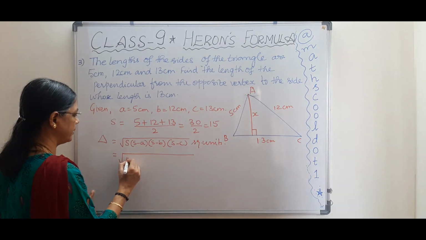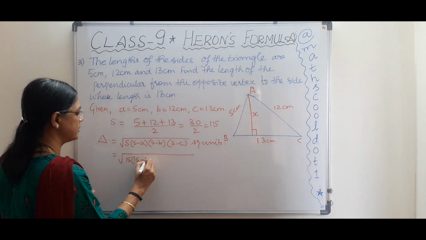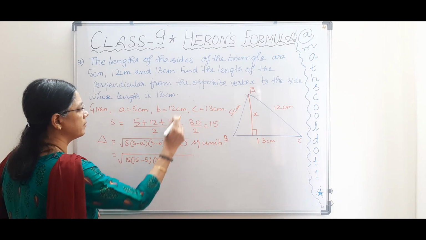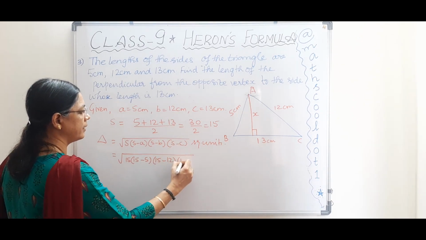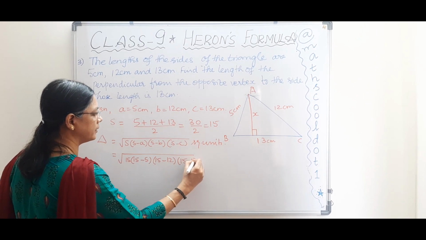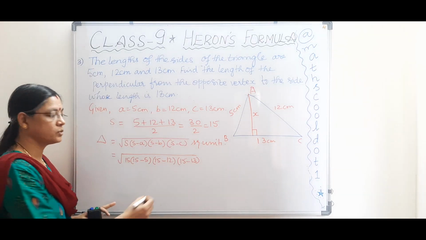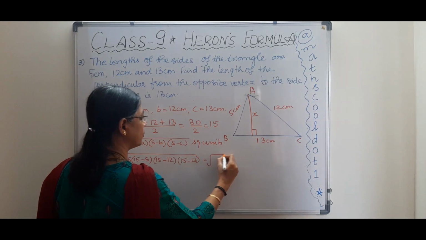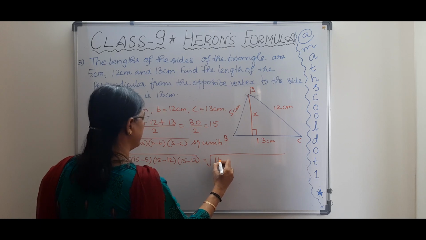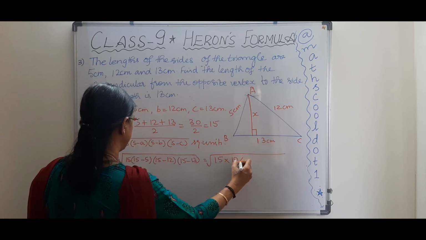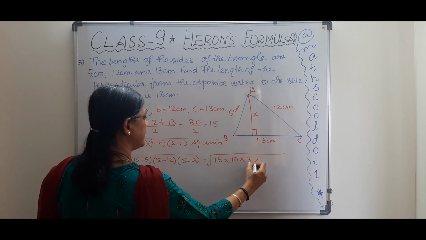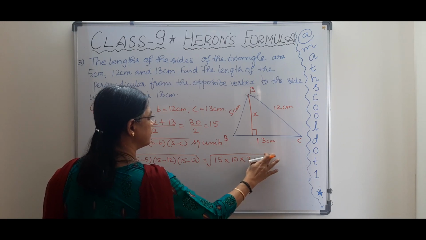Now 15 into (15 minus 5), (15 minus 12) and (15 minus 13). So we have substituted, right? So now we'll expand it. Root of 15 into (15 minus 5 is 10), (15 minus 12 is 3), (15 minus 13 is 2), isn't it?